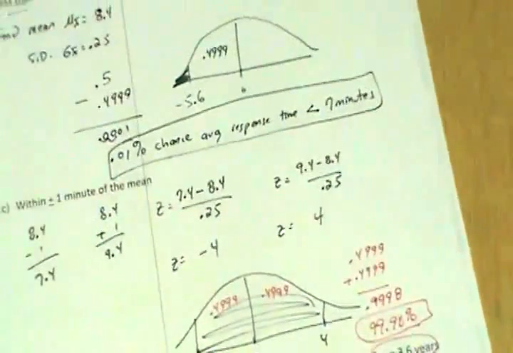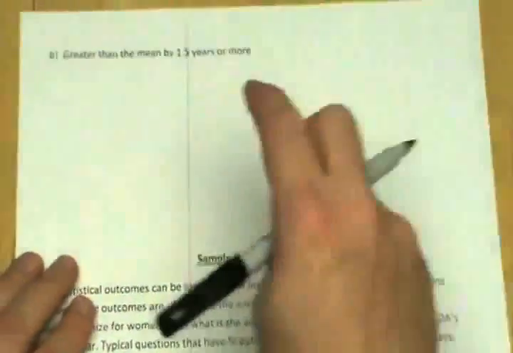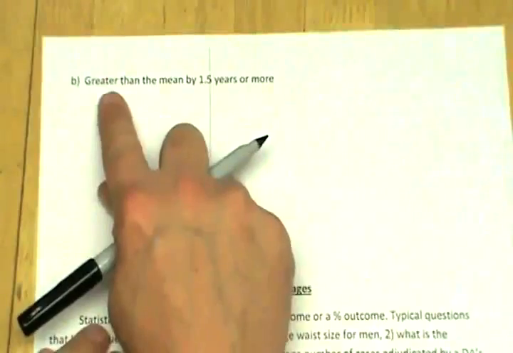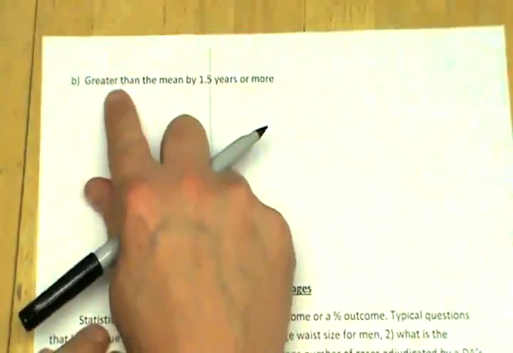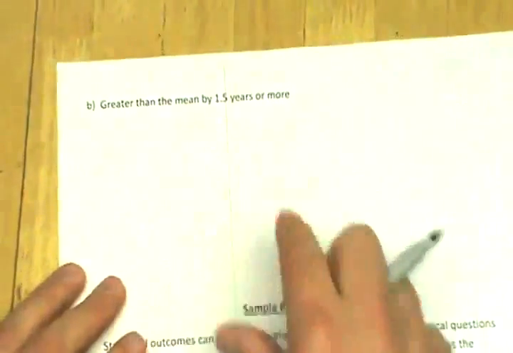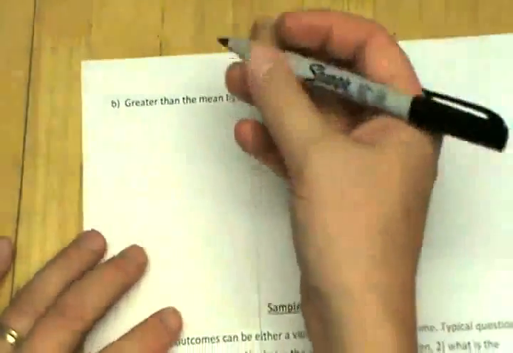Okay. How about we word the question like this? What's the chance that the refrigerator's average life before replacement is greater than the mean by 1.5 or more? Well, that's a fancy way of basically saying 1.5 years more than the mean or more than that.